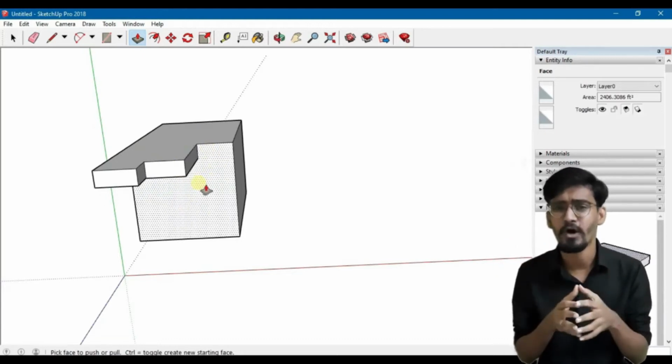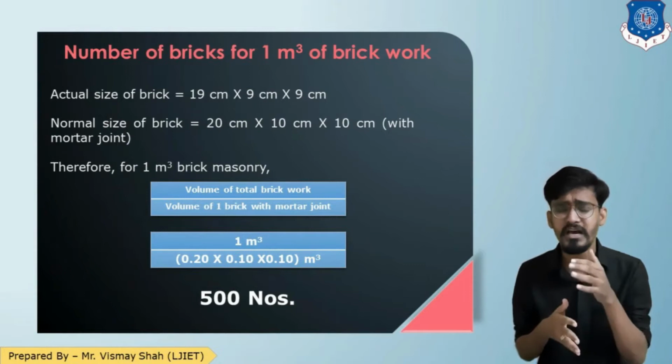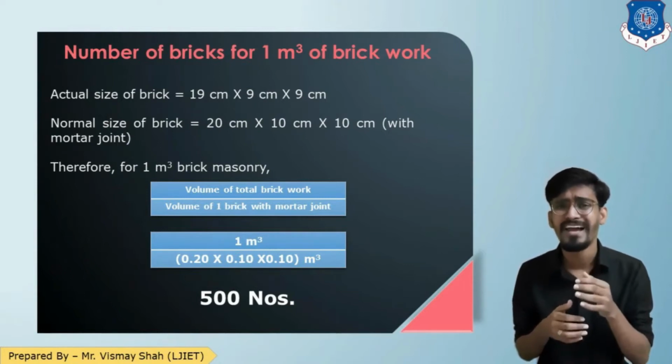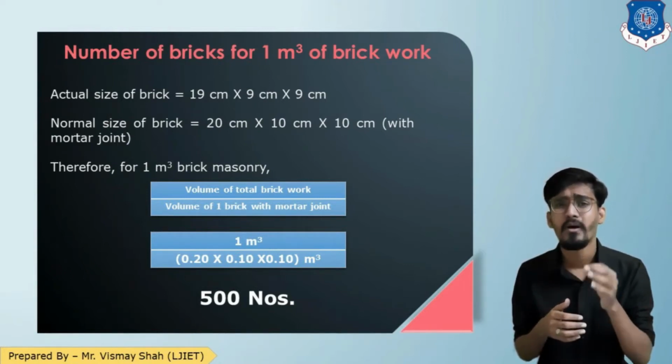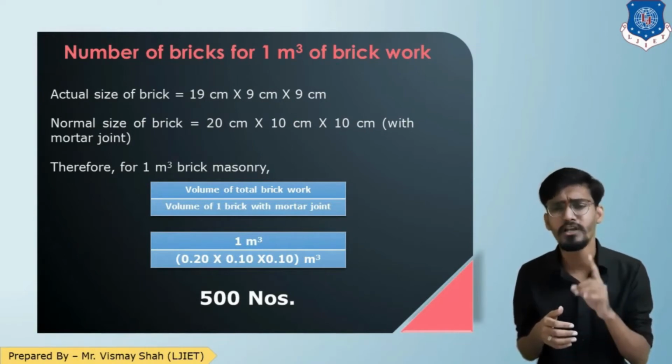So the formula for the number of bricks will be total quantity of brickwork divided by volume of 1 brick. Here in our case, the volume of total brickwork is 1 meter cube.